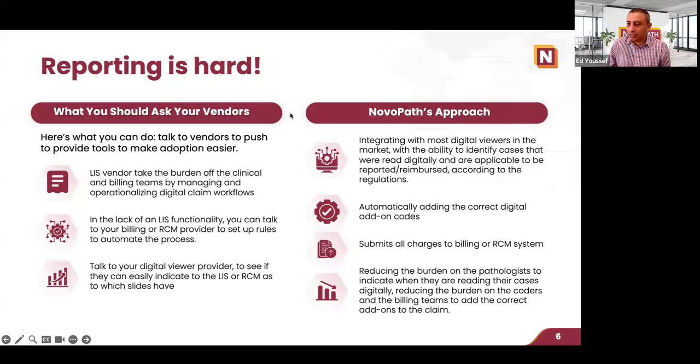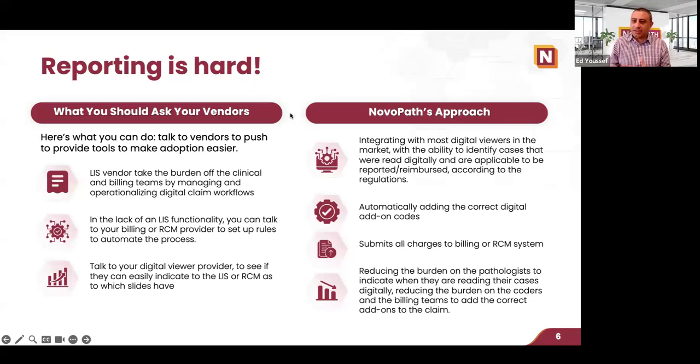You want to make sure that you add the right add-on codes for the test that you're running or reading digitally, and you want to make sure that all these systems are talking to each other, and that all that information is captured, recorded and reported successfully. So that might be one of the reasons where things are a little bit difficult and hard to capture, causing it not to be easy to report.